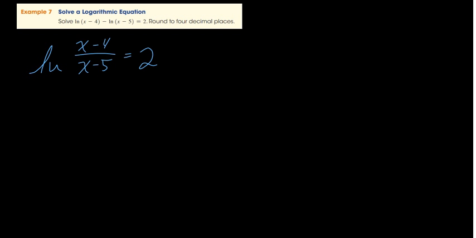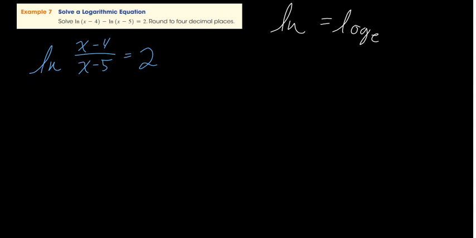If you recall, the natural log is basically log base e. It's just the base being e, 2.71828.